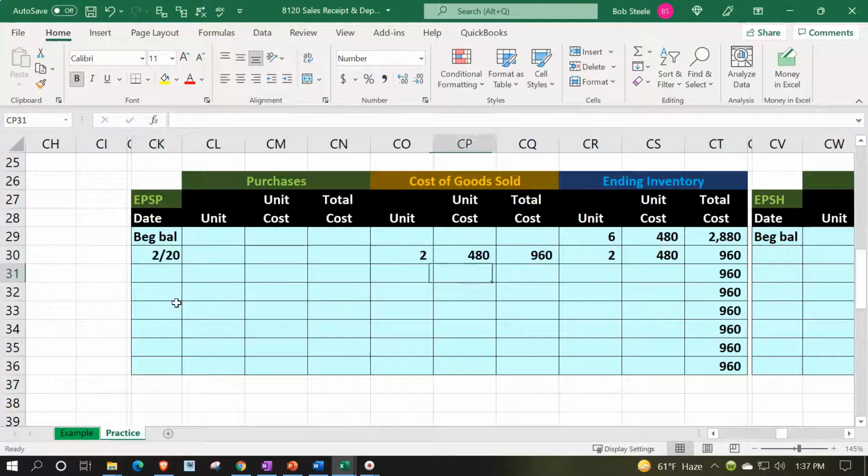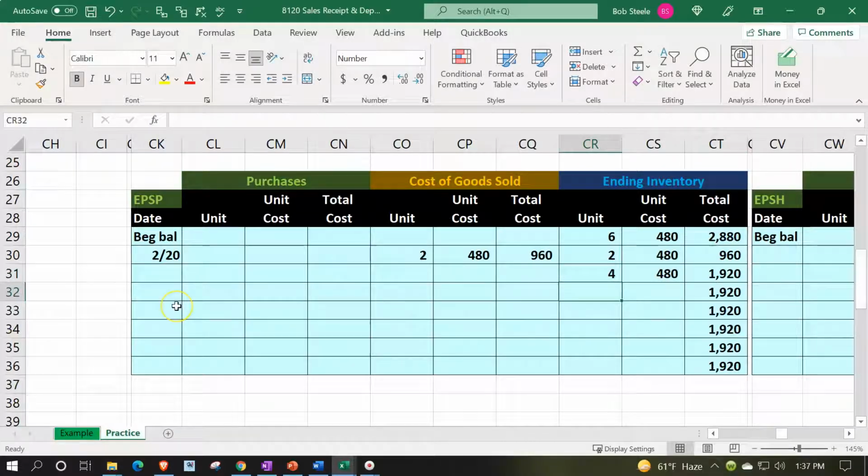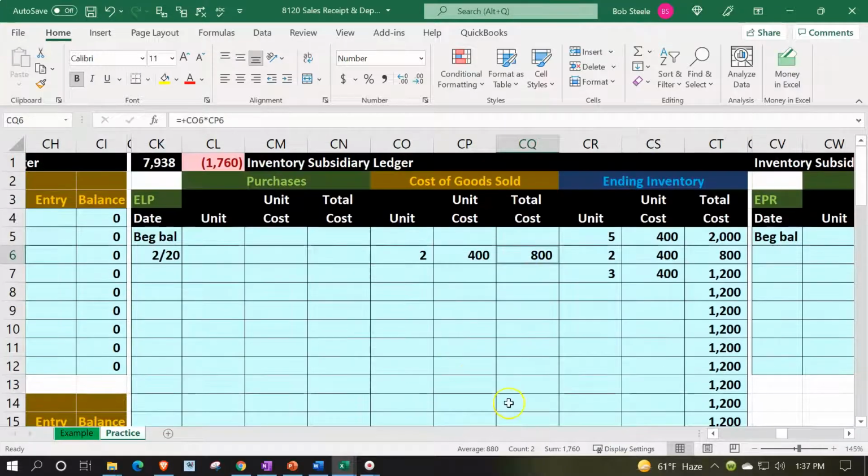And that leaves us then, if we had 6 units, we subtract 2 because that's what we sold at the 480. So we get the 4 times the 480, giving us the 1920. So we got the 960 that we sold, and we sold the 800 for a total of the 1760. That's going to be the decrease in the inventory and related cost of goods sold.